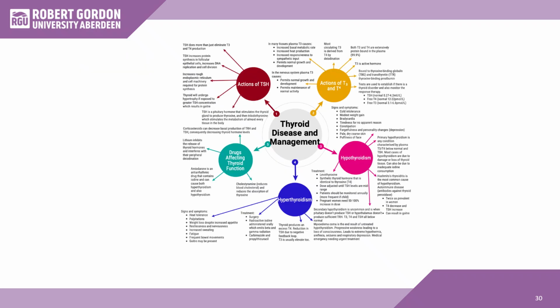This is a really good diagram that gives you a snapshot of everything: the thyroid disease management, hypothyroidism, hyperthyroidism, and the actions of all and why some people would present the way they do. So have a look, pause this video and have a look, and I'll also load this on the Moodle page if anyone would like to print it.